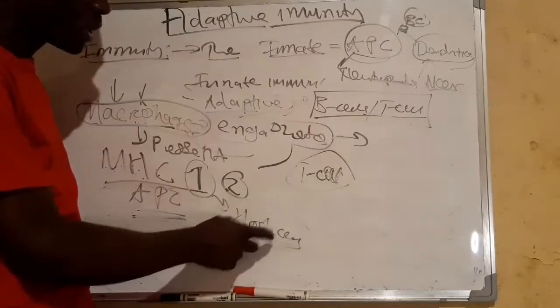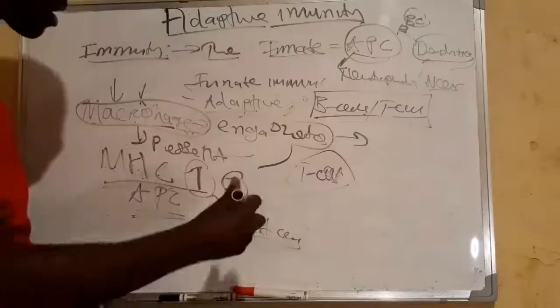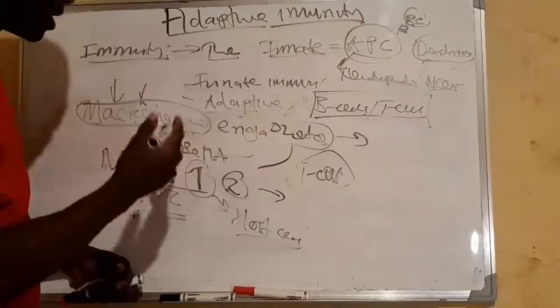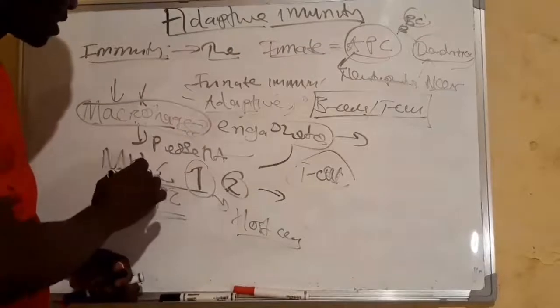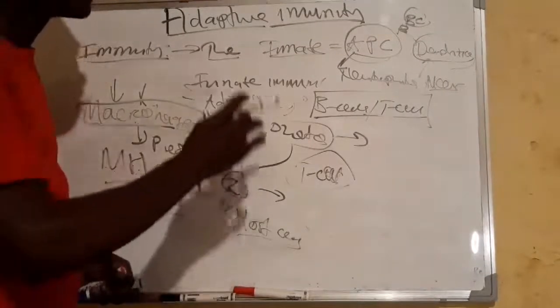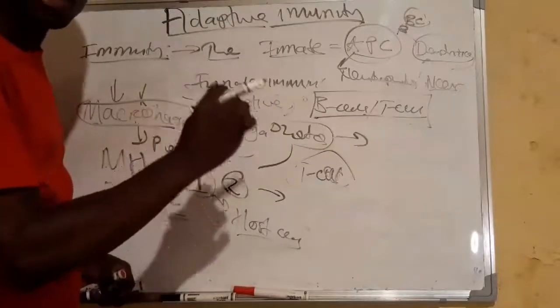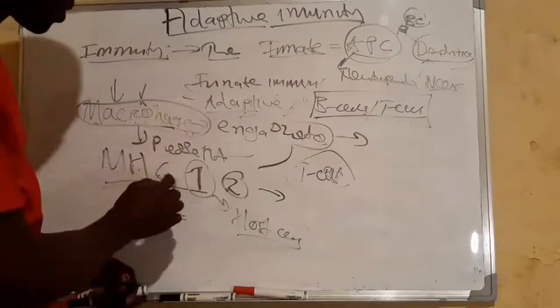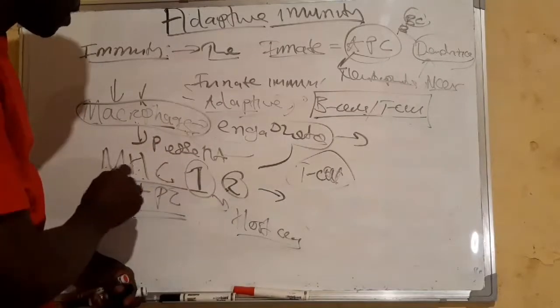So now, for 2, I talked about that MHC2 is recognized by T cells, but specifically T helper cells. That's the one that recognizes MHC2.